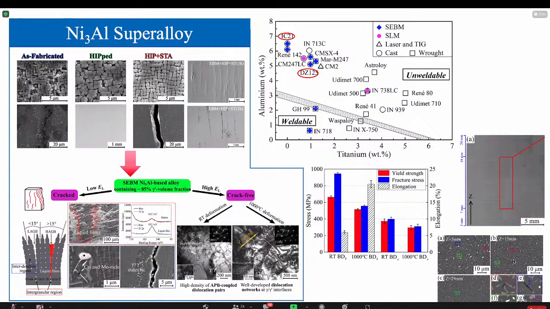TCP phase has been known as one of the detrimental phases for the high temperature creep properties of nickel-based superalloys. This motivates us to apply alloy design and try to optimize the chemical composition of these nickel-based superalloys tailored for additive manufacturing.